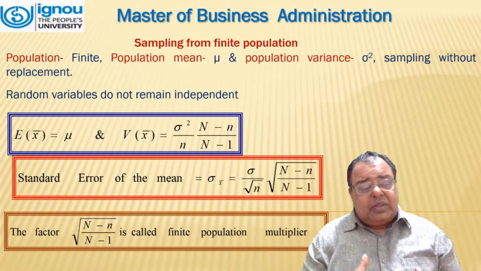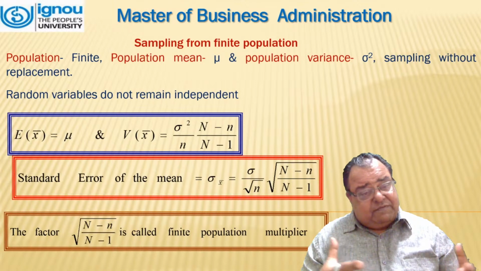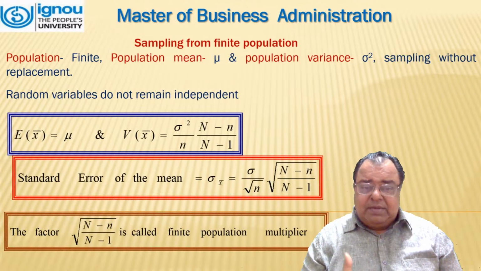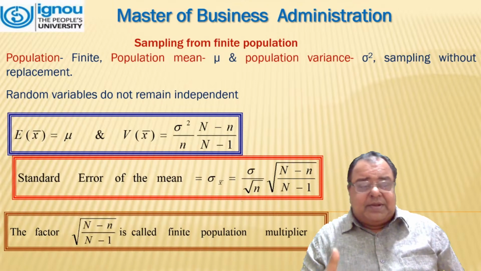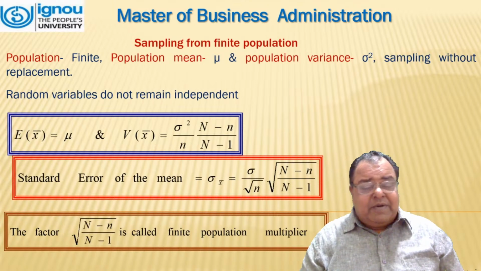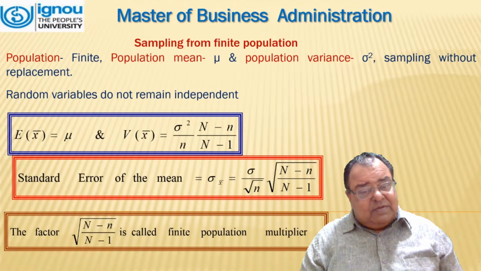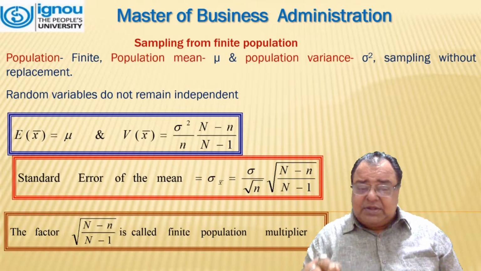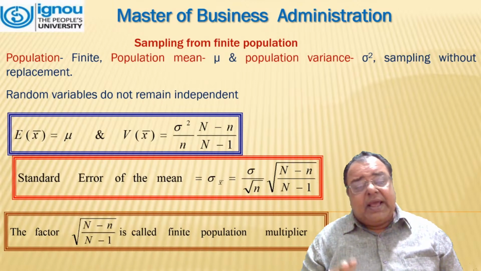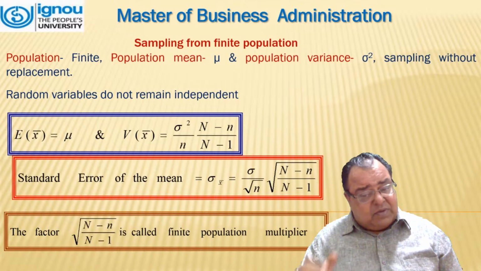Here, the population is finite. The population mean is mu, the population variance is sigma square, and sampling is without replacement. Then, random variables do not remain independent. What is the change? E of x bar is equal to mu, and the variance of x bar changes to sigma square by n into (N minus n) upon (N minus 1).